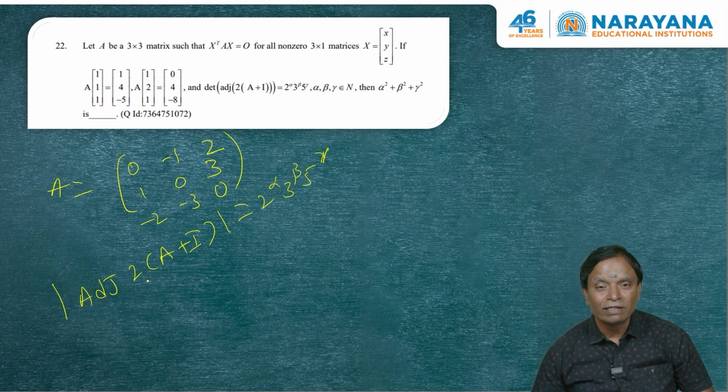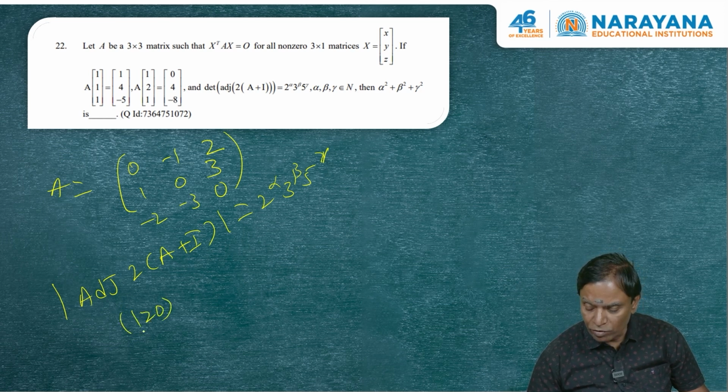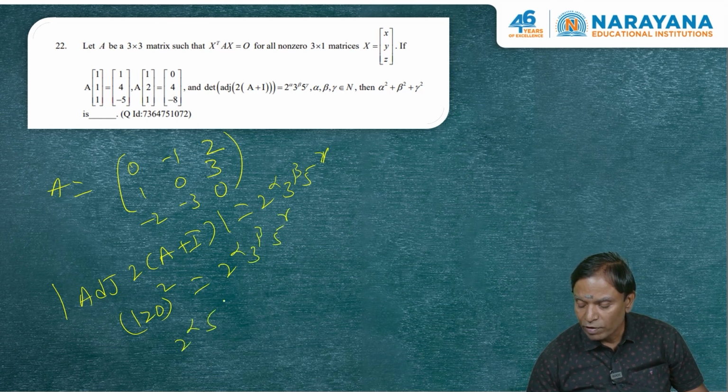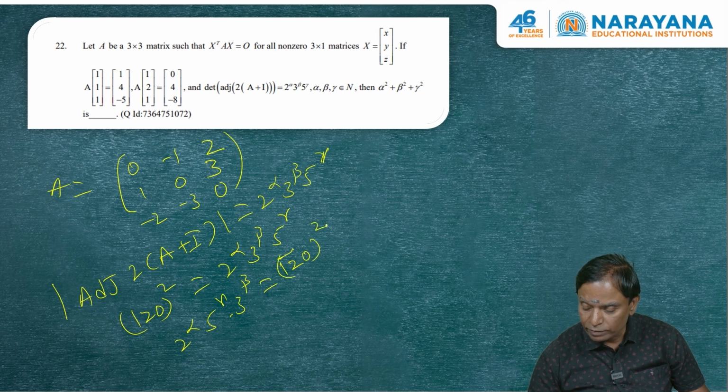You can calculate this. Adjoint of 2 times of a 3 by 3 matrix means when 2 comes outside, it is 2 square. Since it is inside the determinant, when 4 comes outside, it will become 4 cube, which is 64. This value whatever is there will be nothing but 120 square. This will be nothing but 2 power alpha 3 power beta 5 power gamma, which is 120 whole square.